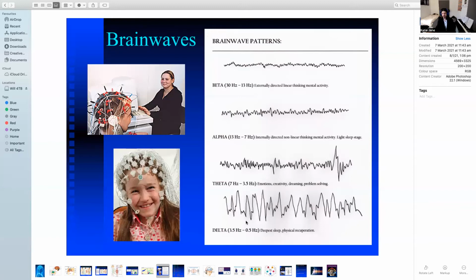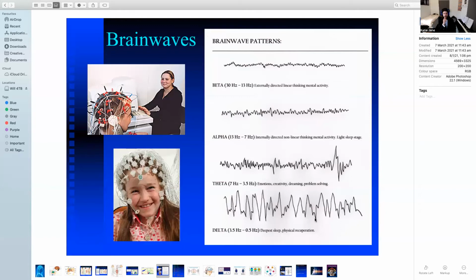This is very important in biotuning because this is where we go first. With every single person, we always go straight to deeper sleep and physical recuperation, because the goal of neuroacoustic sound therapy or biotuning is, this modality isn't fixing anybody.